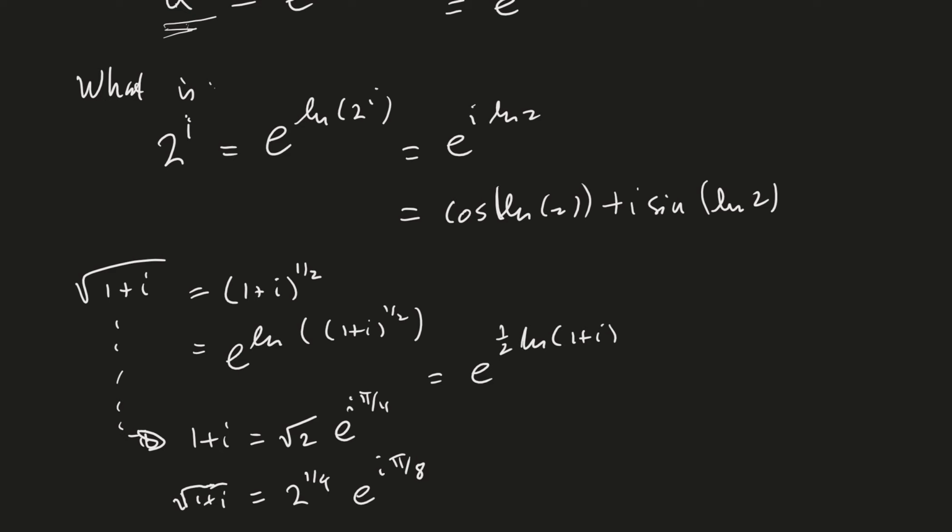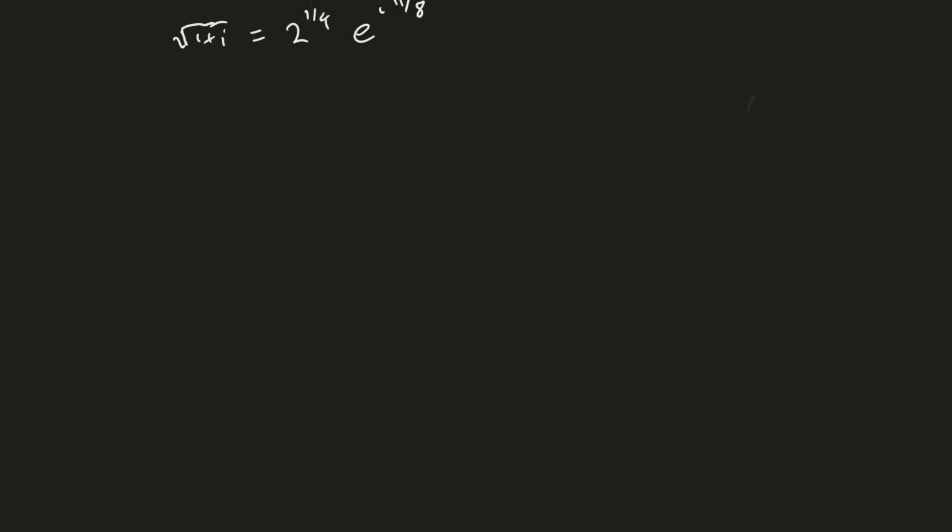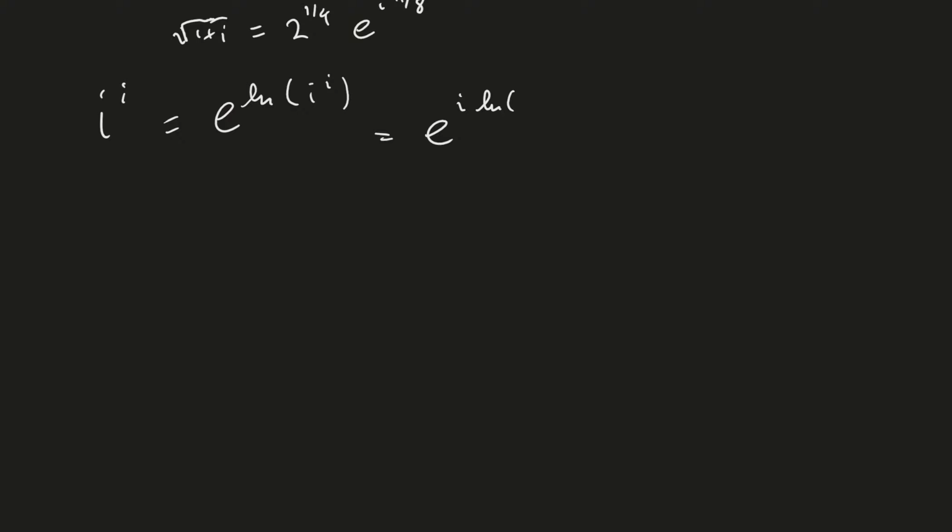Similarly, you can ask yourself, is i to the i defined? That's kind of an odd thing, because it's a complex base to a complex power. What does that mean? Well, you can always rewrite it in terms of the exponential function. And so that's e to the i times the natural log of i. And now what is the natural log of i?